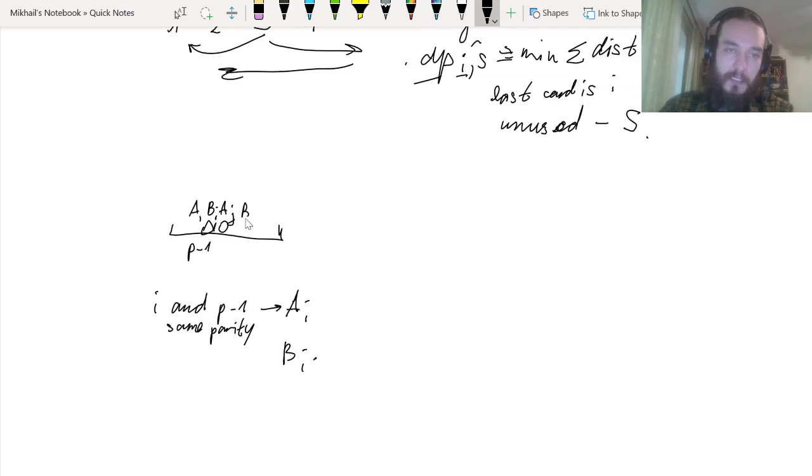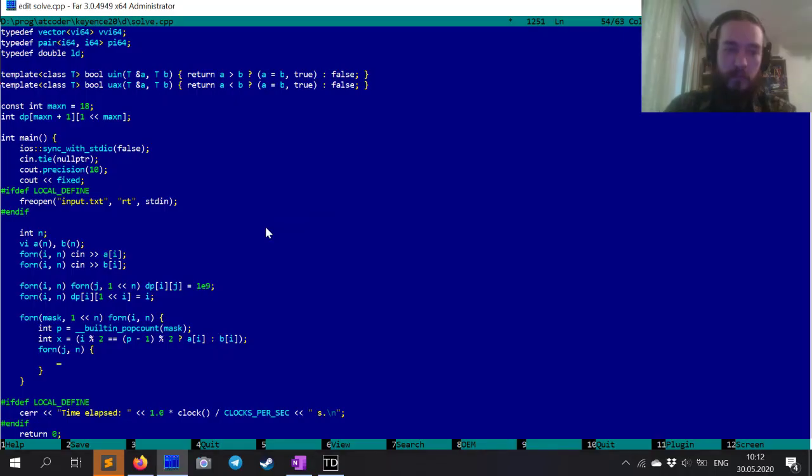So this is the card J. The card J cannot be present in our set of used cards. So the Jth bit cannot be 1. In this case, we don't go into the cycle at all.